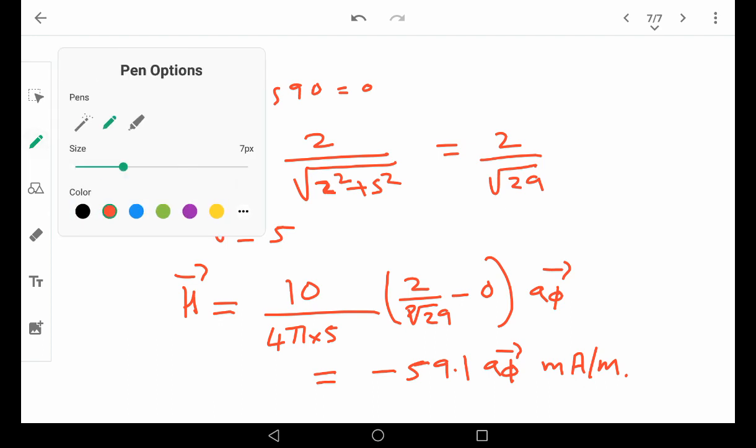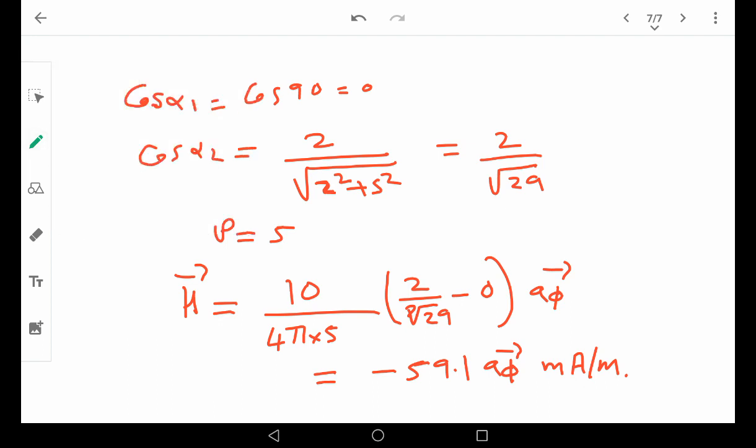You can find out A5 like this. A5 equal to AL cross A rho, right? AL is in the x direction, so it is AX cross, and A rho is in the z direction.